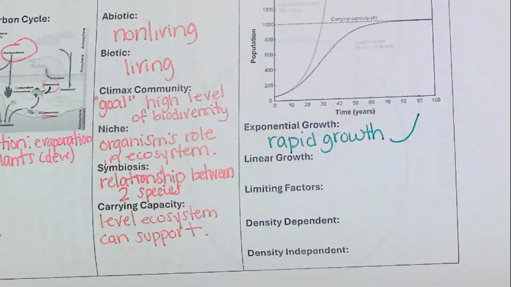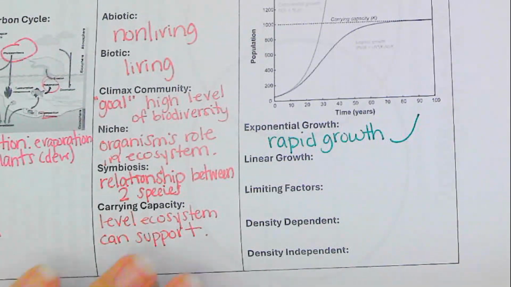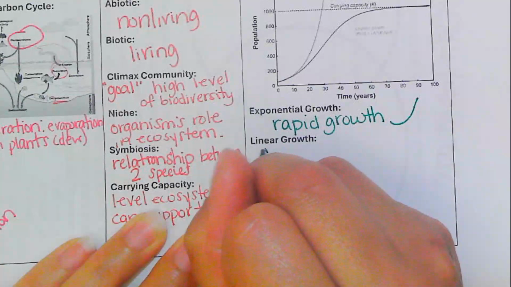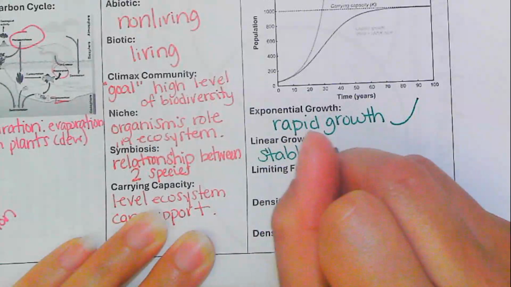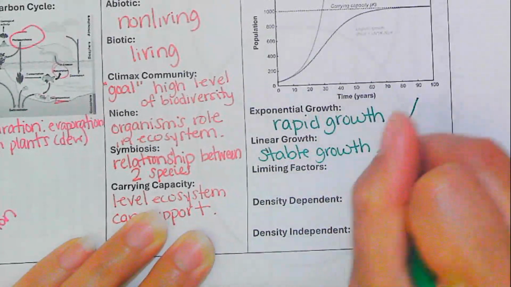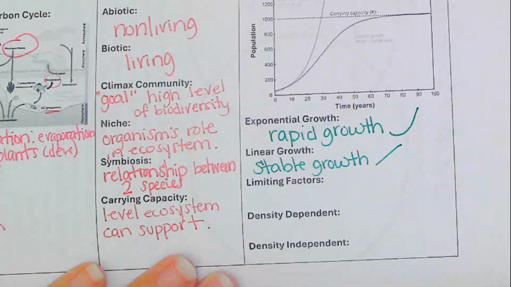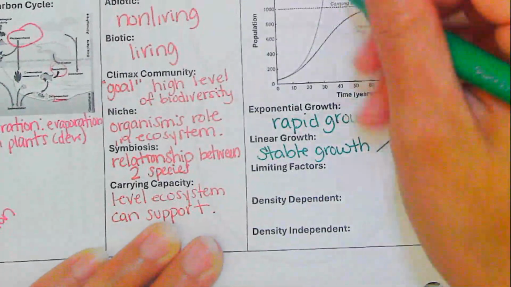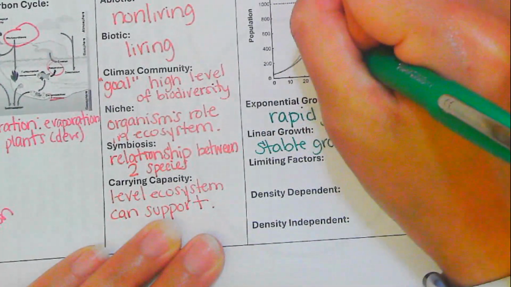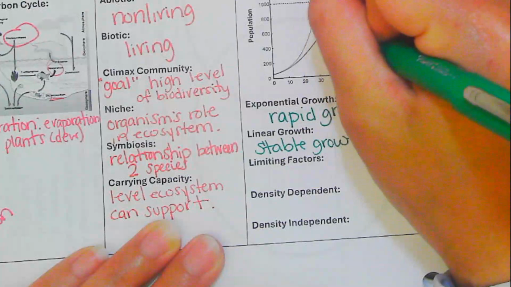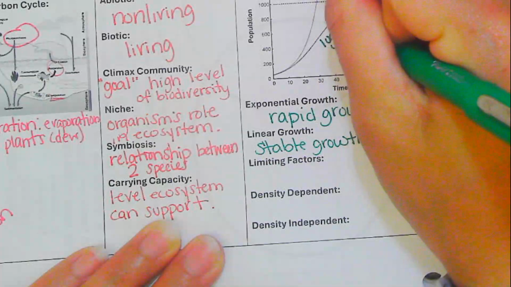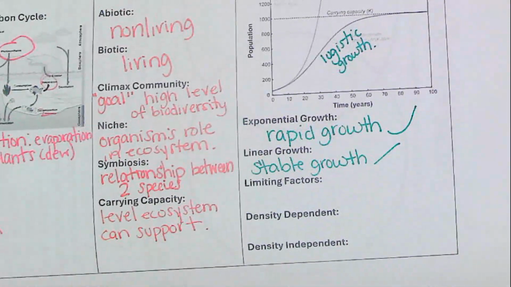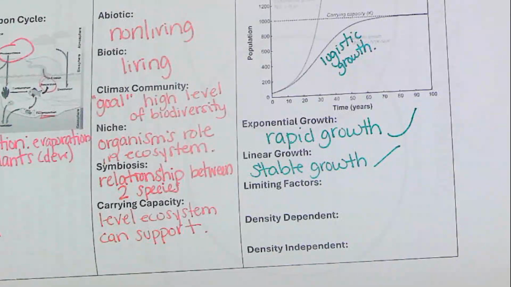So that's when I'm growing more of a stable growth. This one that we see most of the time is a log growth, logistic growth. We want our populations to grow logistically, eventually reaching a point that they stop.